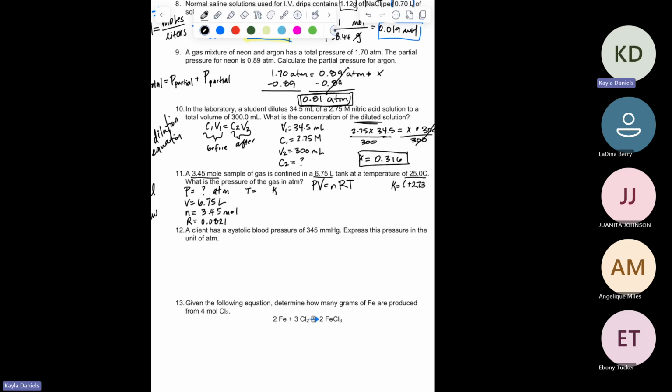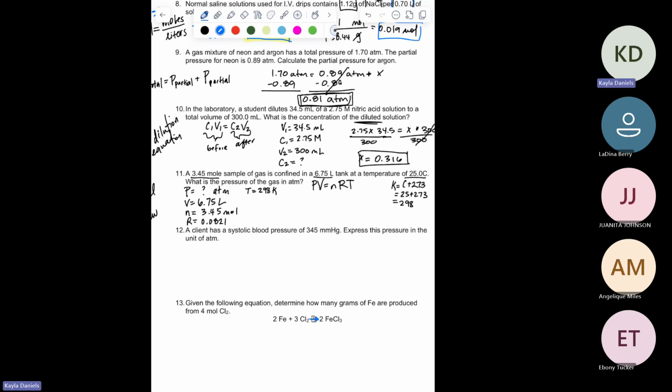That's again on your reference sheet. I'm not going to go back just to save some time because we do have some other temperature converting ones that I can show you where that formula is. So to find the Kelvin, I need to do 25 plus 273, which is 298. So that's what I want to plug into my equation.